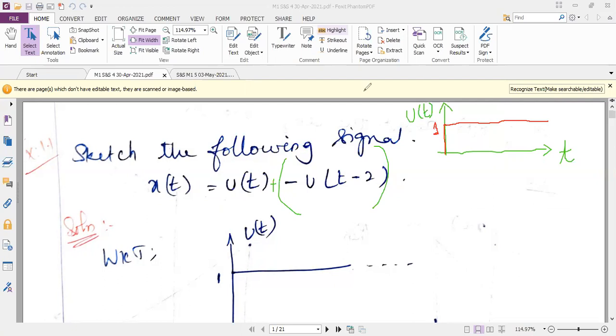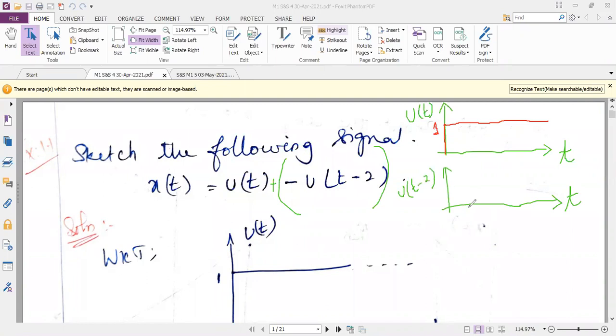Then what I should do? I should draw u of t minus 2 first, because directly drawing minus of u of t minus 2 will be confusing. So what I do is I do a step by step diagram. So the next step is I will draw u of t minus 2. So write the amplitude u of t minus 2.